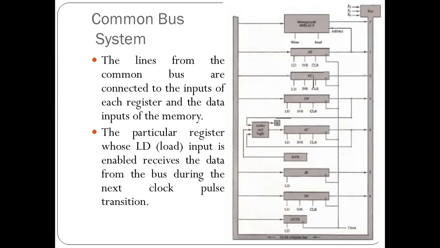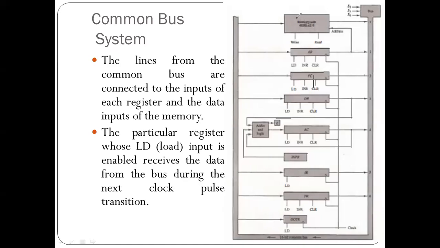After placing the data item from a memory or any of the registers onto the common bus, this 16-bit or 12-bit information, based on the register that you have selected, will be placed onto another register or onto the memory. So there will be input lines connected to all these registers and the memory.